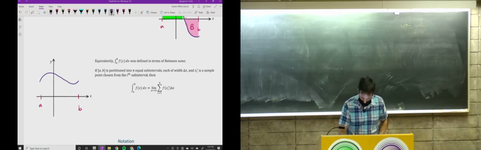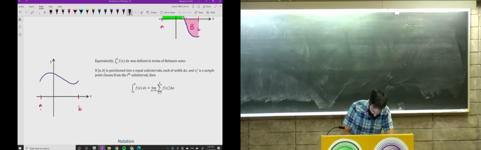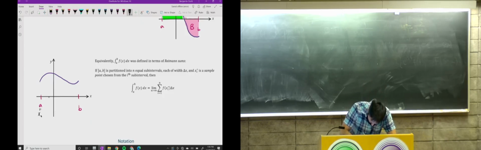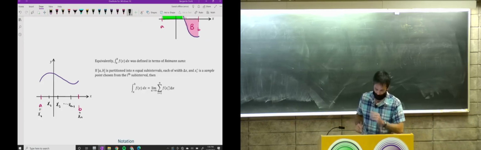Let me split it into n equal subintervals. And let me label the endpoints of those subintervals, starting with a, which I'll call x0. The next endpoint of a subinterval I'll call x1. The next one I'll call x2, all the way up to x sub n minus 1, and then b, which I'll call x sub n.